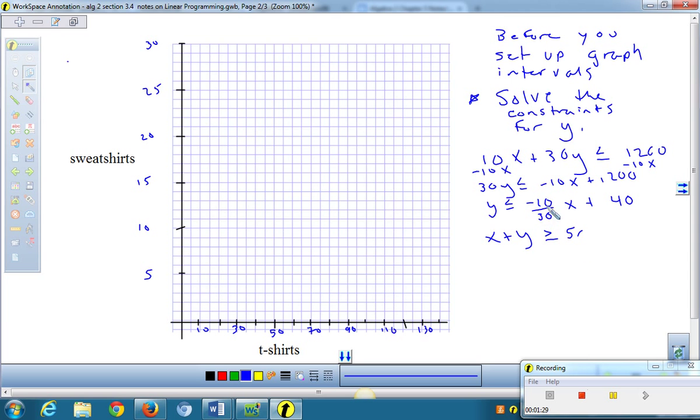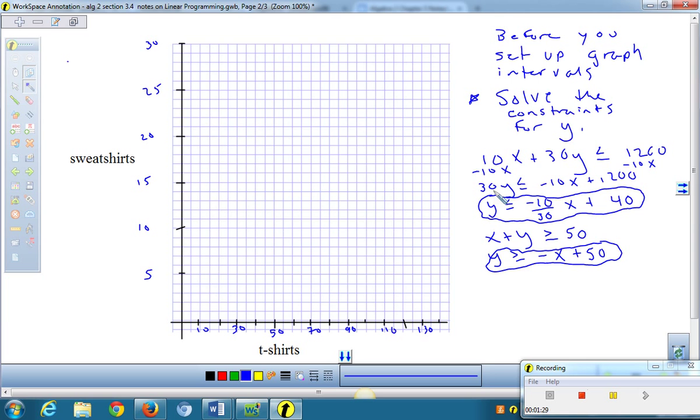Now, I did something funny here. In my first constraint, I'm leaving it y is less than or equal to negative 10 over 30x plus 40, just because that's going to be easier to count with my grid. So I just left it as negative 10 over 30. So we're getting each of these solved for y.